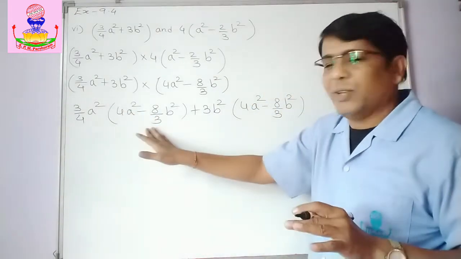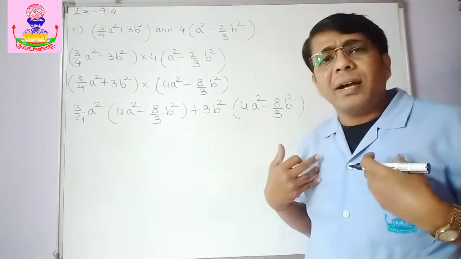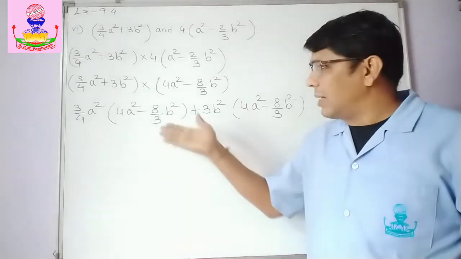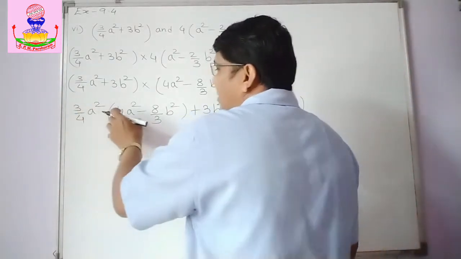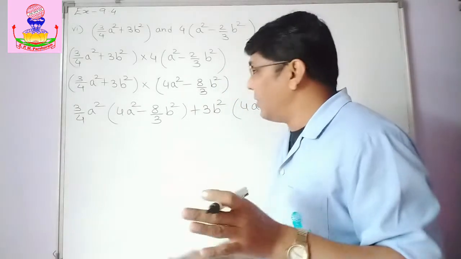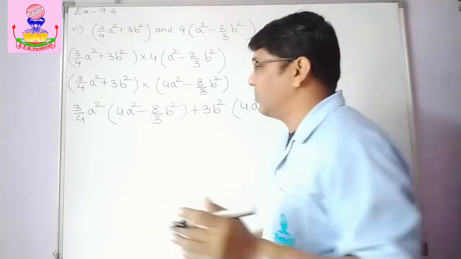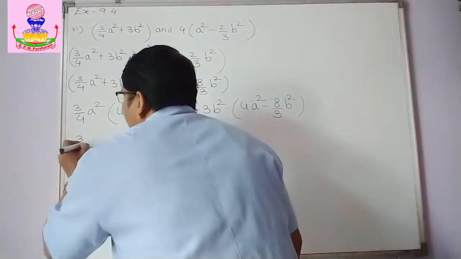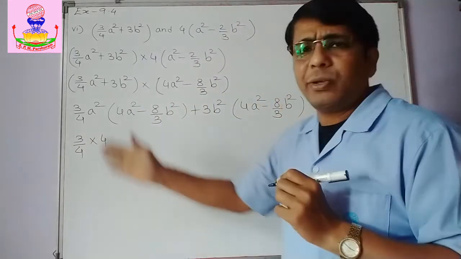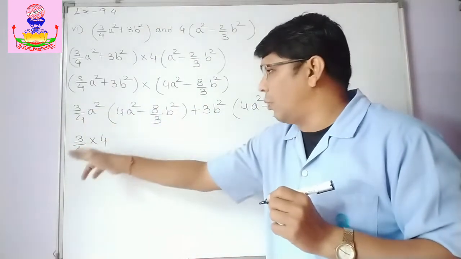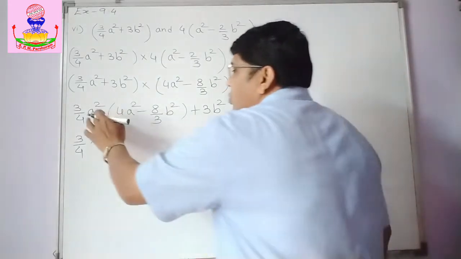अभी क्या हो गया? Monomial by binomial. Monomial by binomial. Do I know? अरे हमें मालूम है तो हम लोग करने वाले हैं. Yes. Okay. So this into this. So show that. Why you know? Because this is fraction. And so there are certain cancelable terms. So what I am going to do? 3 upon 4 into 4, or directly you can multiply, doesn't matter. 3 4s are 12. 12 upon 4 will do.